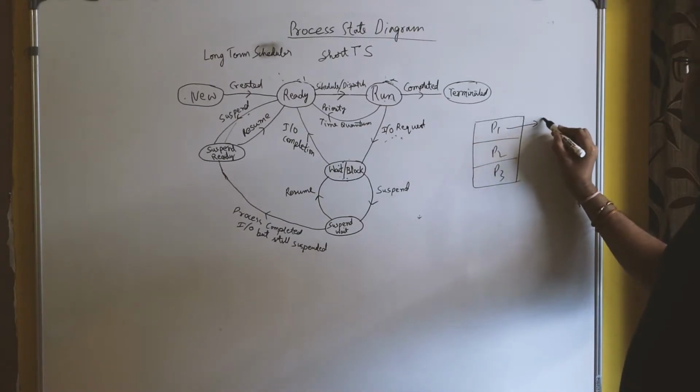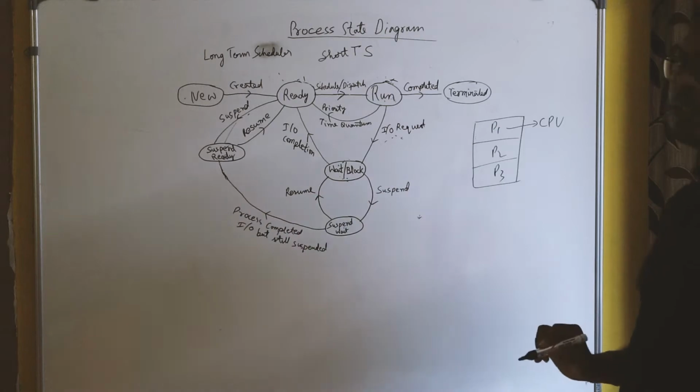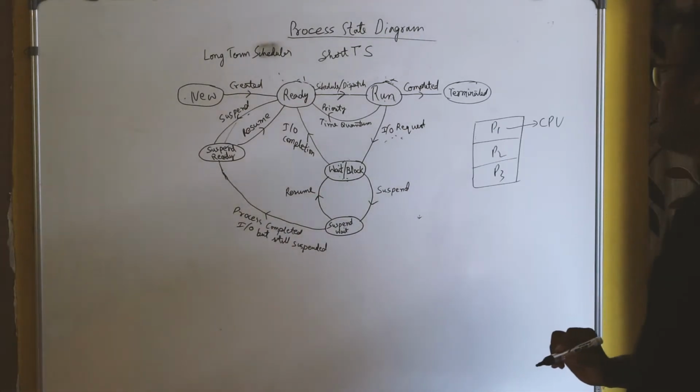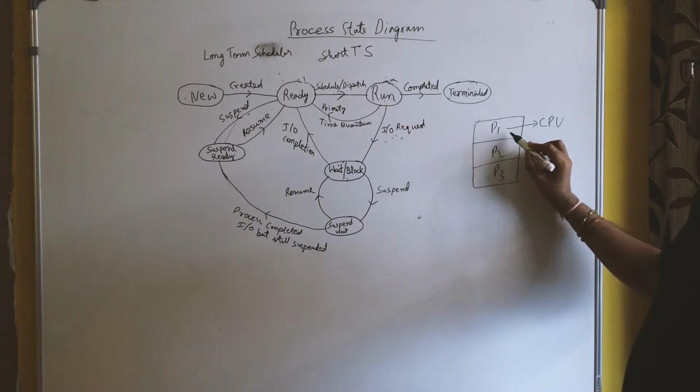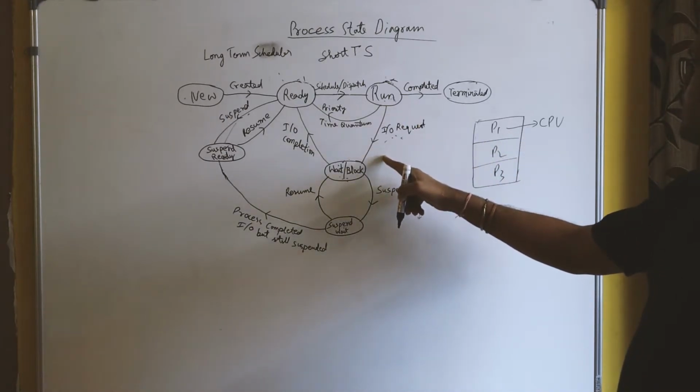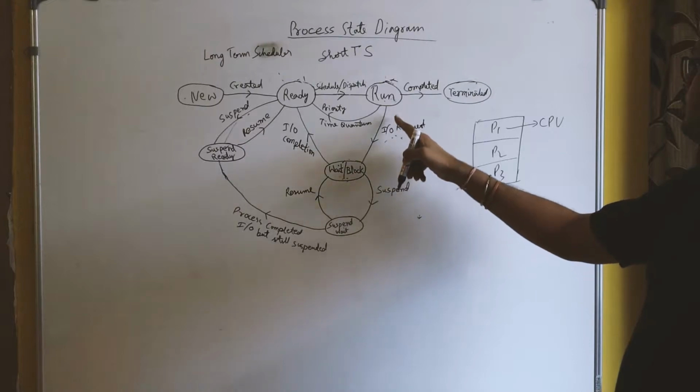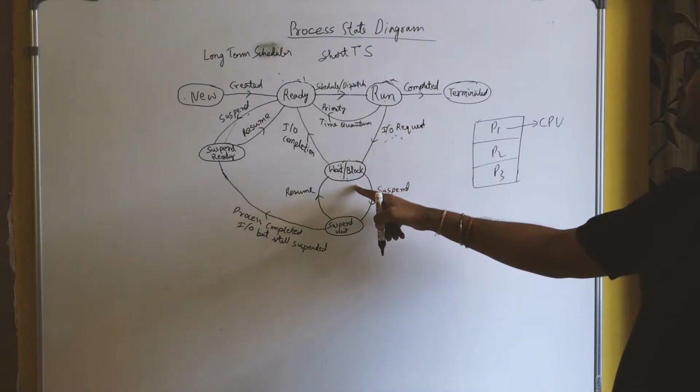Suppose P1 is in a running state and P1 suddenly needs I/O. Then what will happen? P1 will request for I/O and P1 will move to the wait block state.